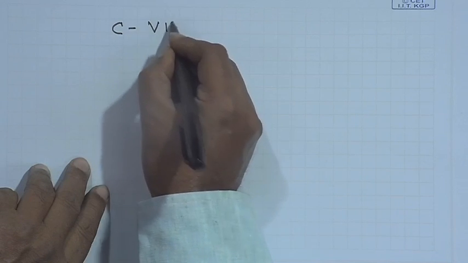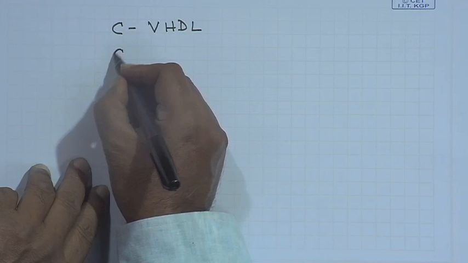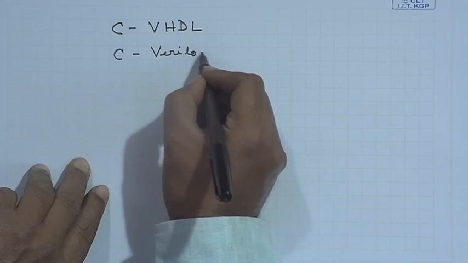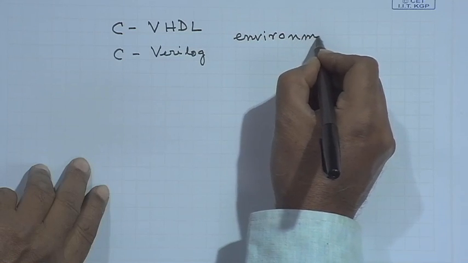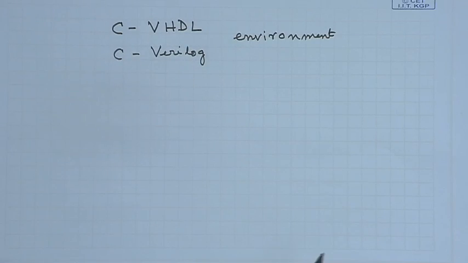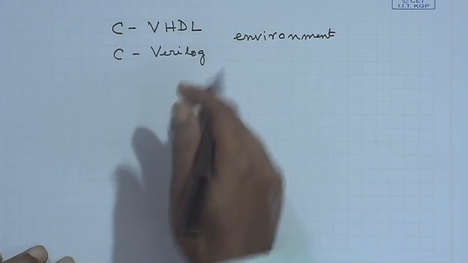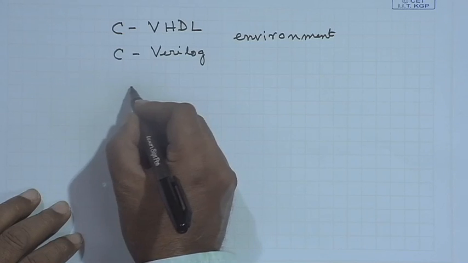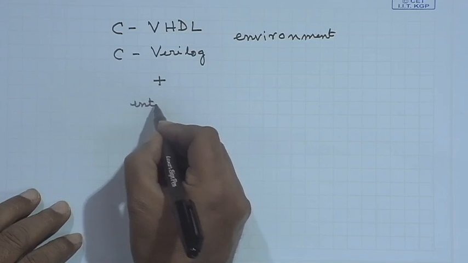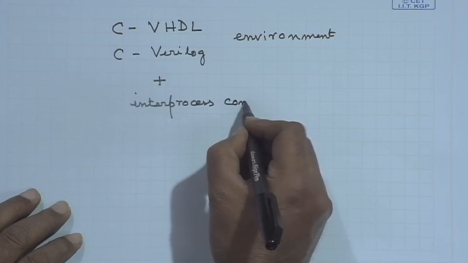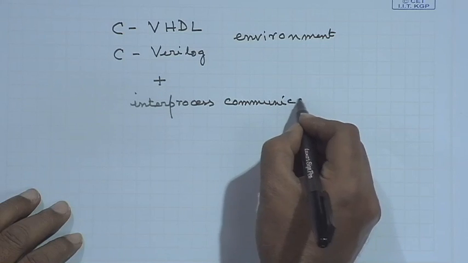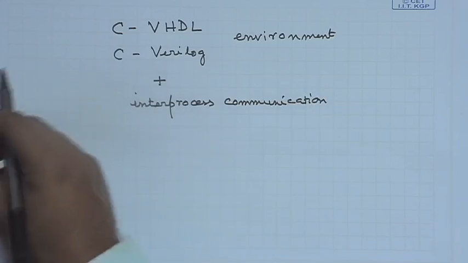So, I can try to arrive at a scenario where I can have a heterogeneous co-design co-simulation environment, where I will have a C VHDL or a C Verilog type of simulation environment. Just to give an example that the software has been written in C. Plus we can use remote process communication, some inter-process communication, that we have already seen that we can do using message passing and other means.